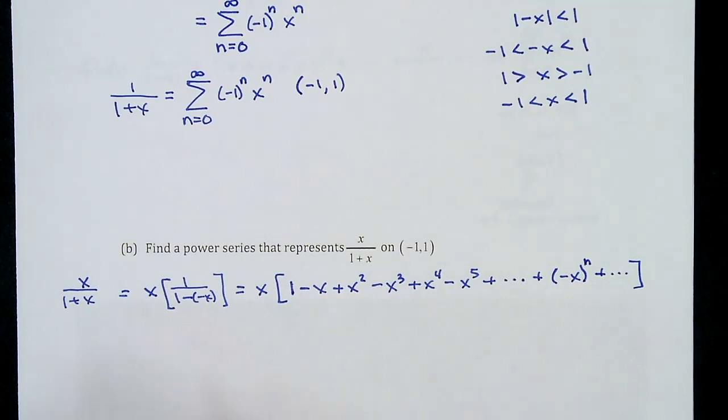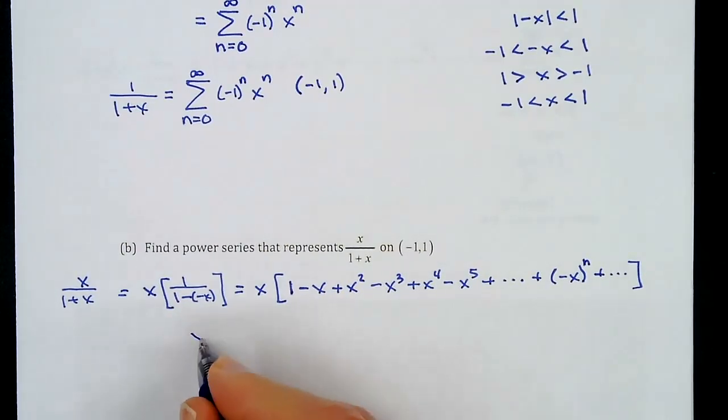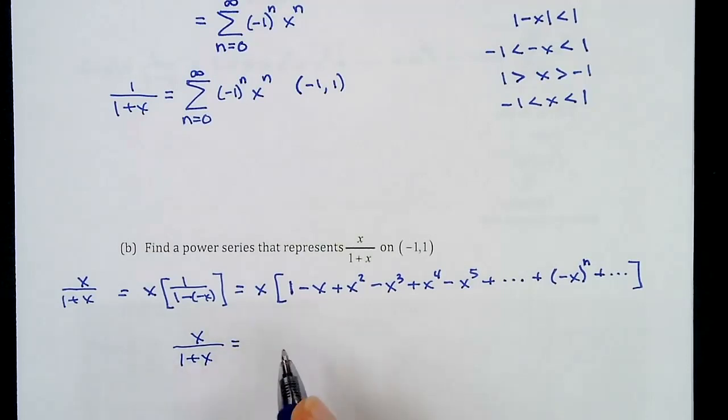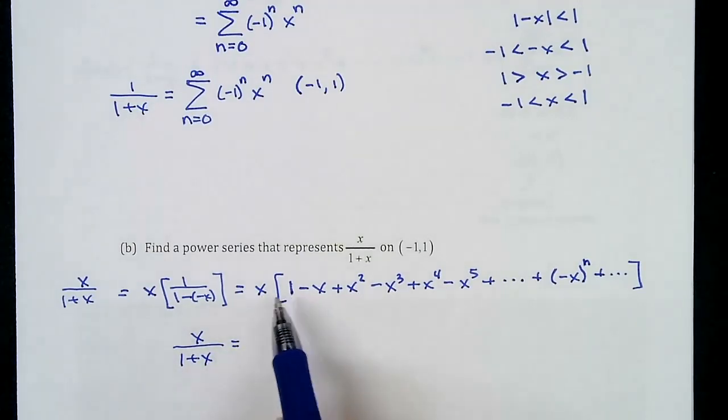Okay, so what does all this mean? This means x over 1 plus x is equivalent to, and now what I'm going to do is distribute this x with each of them.